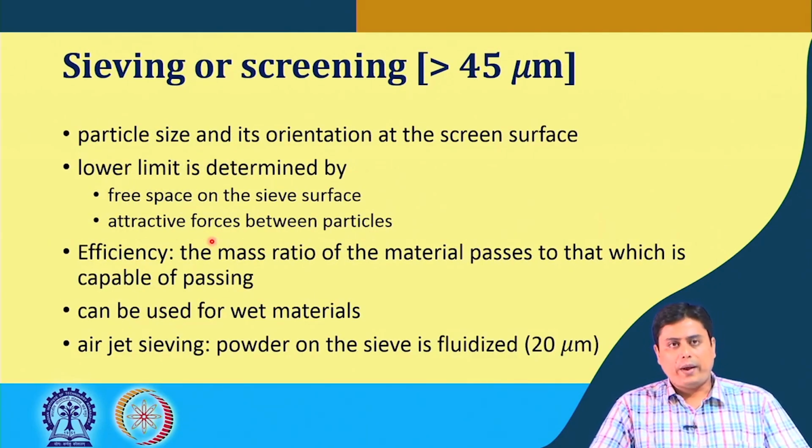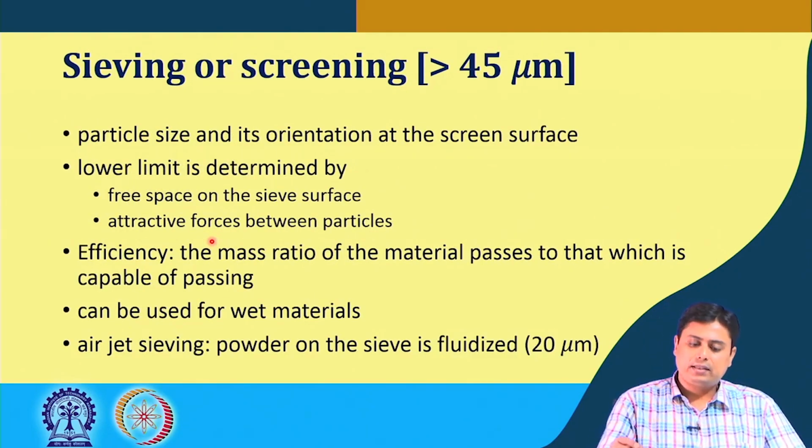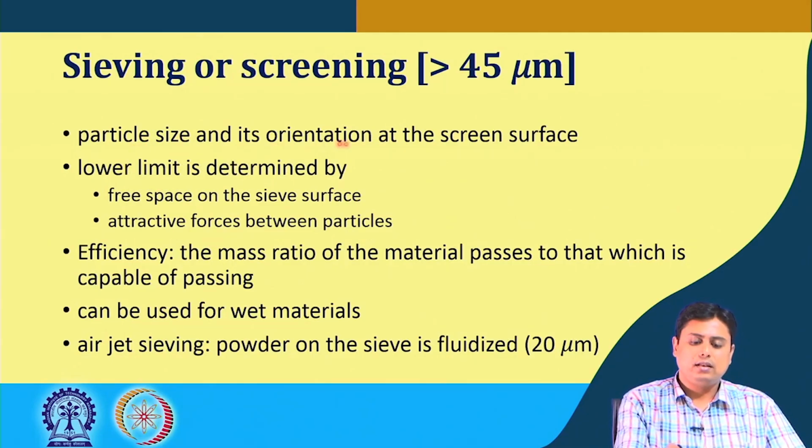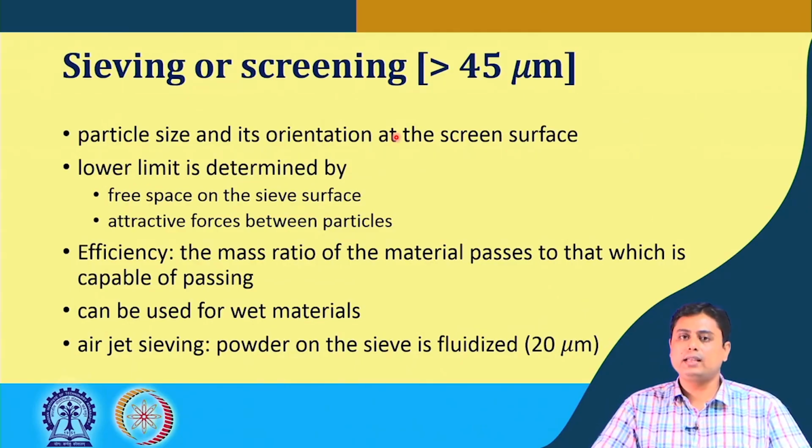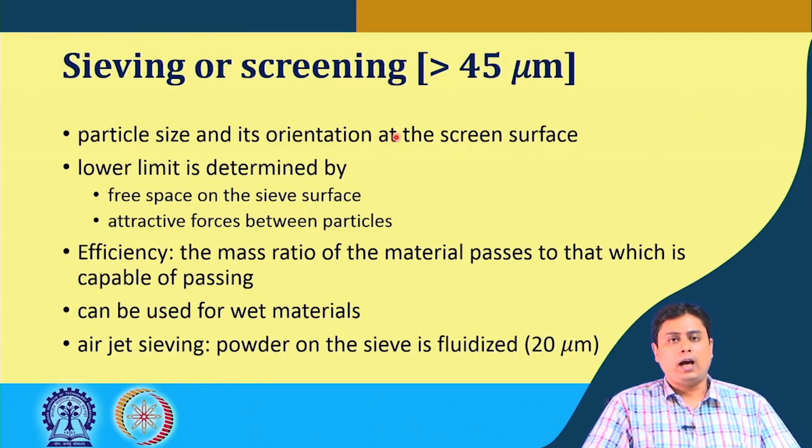Quite naturally, particle size and its orientation on the screen surface become a dominant factor for an efficient screening mechanism, because not every particle is spherical; in practice they are of irregular shape.